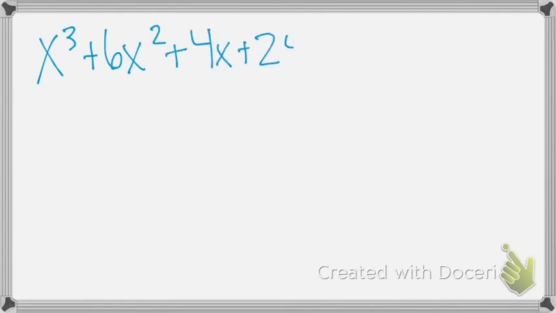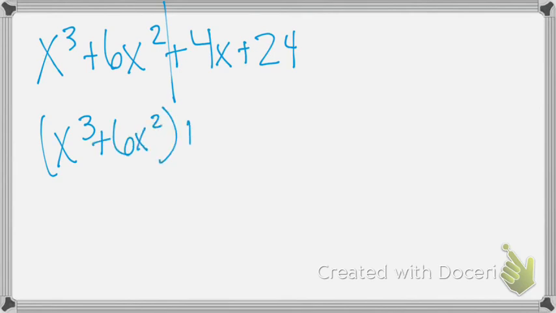We're just factoring. X cubed, 6x squared, 4x plus 24. We want to do the grouping. So remember, split the first ones. So we have an x cubed and a 6x squared plus a 4x and a 24.